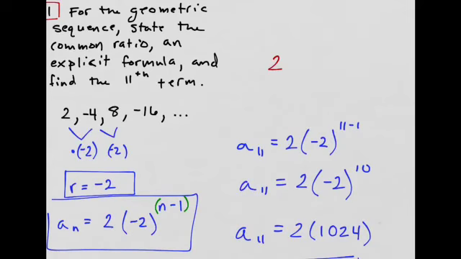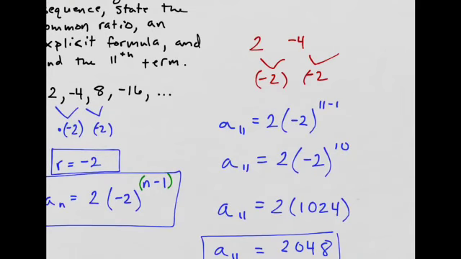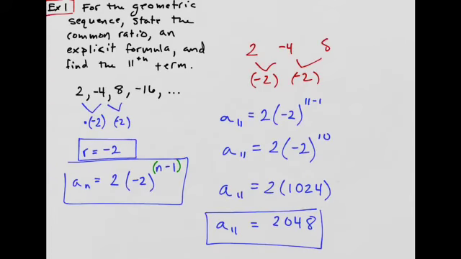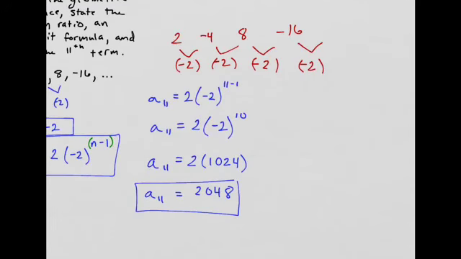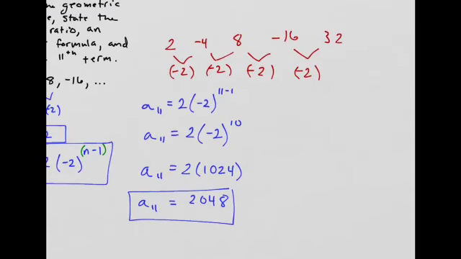If I start out with 2 and I multiply it by negative 2, I get negative 4, right? If I multiply by negative 2 again, I get positive 8. Multiply it by negative 2 again, and I get negative 16. By negative 2 again, I get positive 32. I'm multiplying a bunch of different times here, correct?